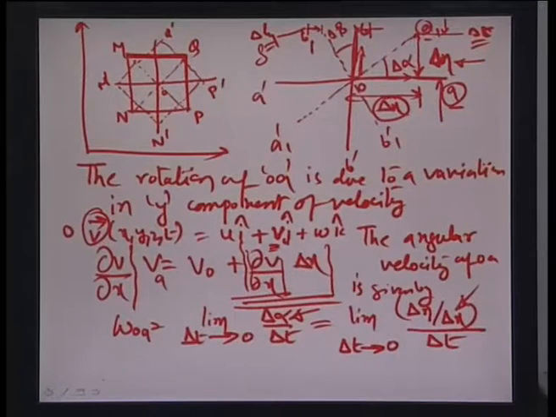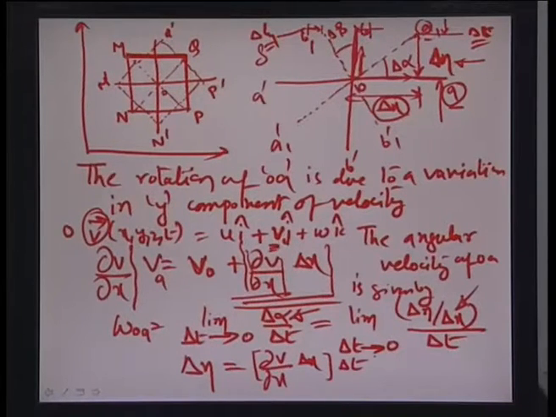Delta neta, if we look closely, would be nothing but the differential velocity change of v, the y component of the velocity, as it goes from O to A, which is del v by del x times delta x, multiplied by delta t, the time that it takes for this point to go from A to A1.